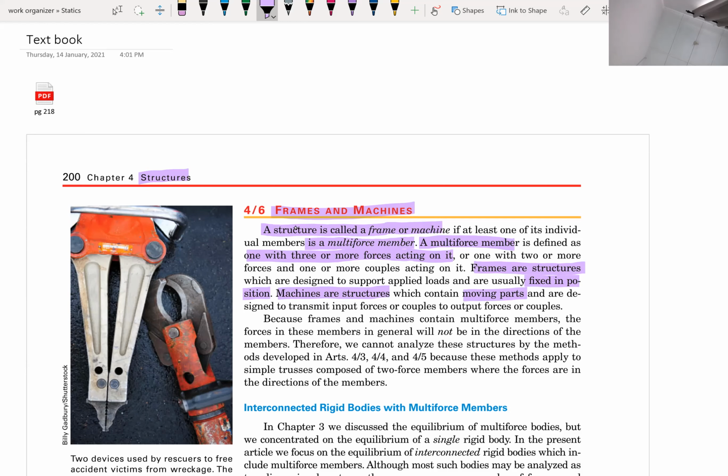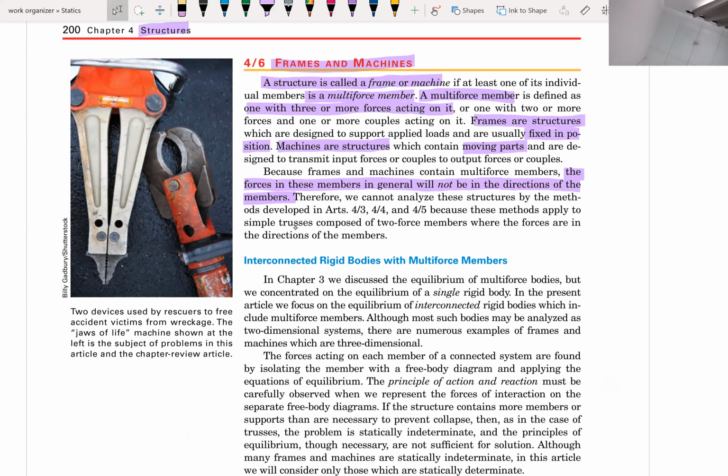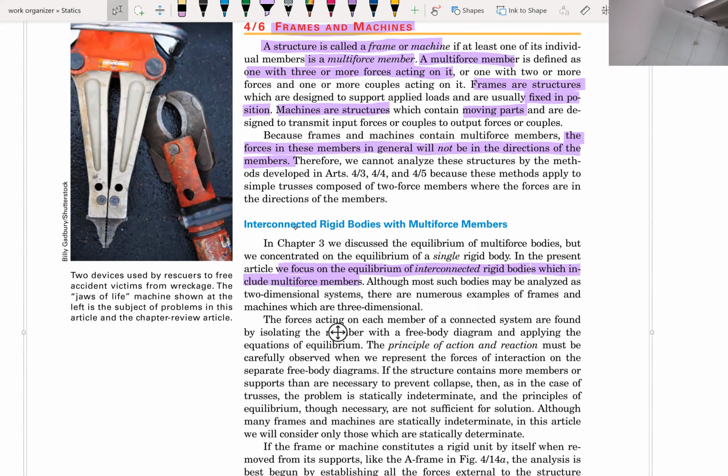And then the forces in these members in general will not be in the directions of the members. In this chapter 3, we focus on the equilibrium of interconnected rigid bodies which include multi-force members.